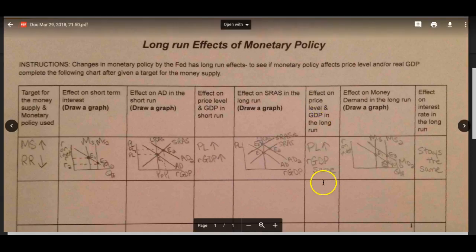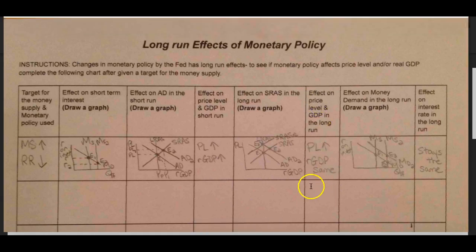So the effect in the long run on price level is the price level goes up. We go from E1 to E3, because we go E1, E2 to E3. So the price level goes up. But real GDP in the long run stays the same, because we're basically skipping that E2. So going from E1 to E3, we're still having GDP on the long run aggregate supply curve. So real GDP stays the same.